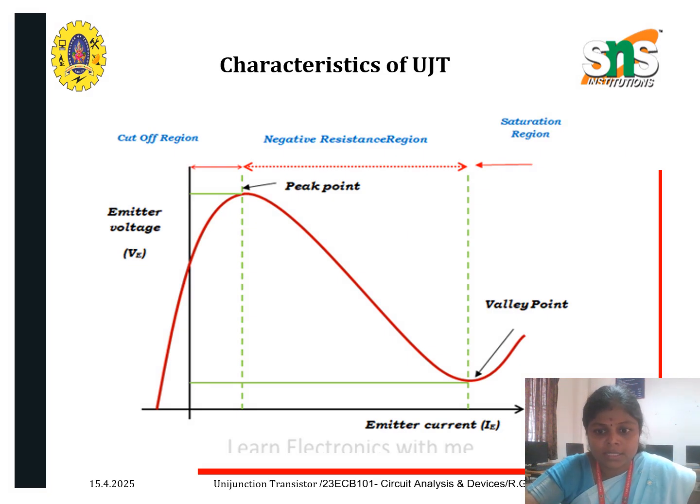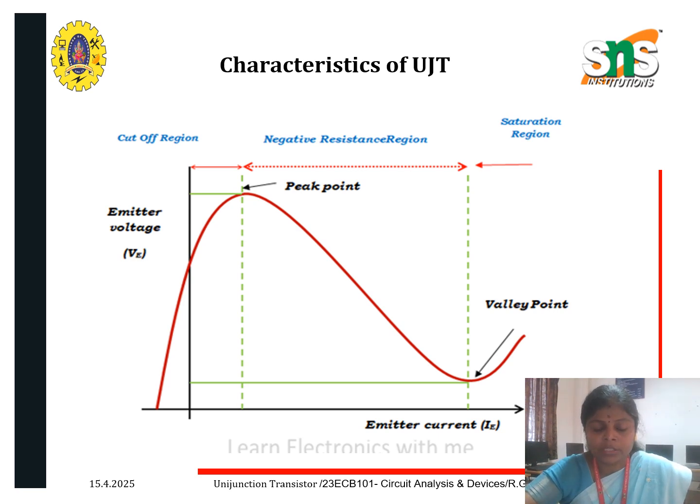Coming to the characteristics of UJT, when forward voltage is applied across the emitter terminal and base 1, and across base 2 and base 1 terminals, the characteristics are analyzed. The characteristics are classified into three regions: cutoff region, negative resistance region and saturation region.